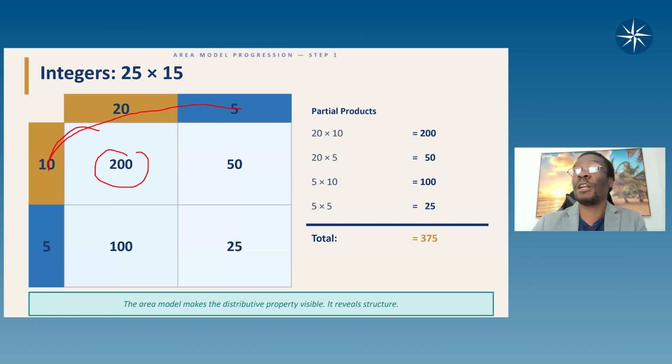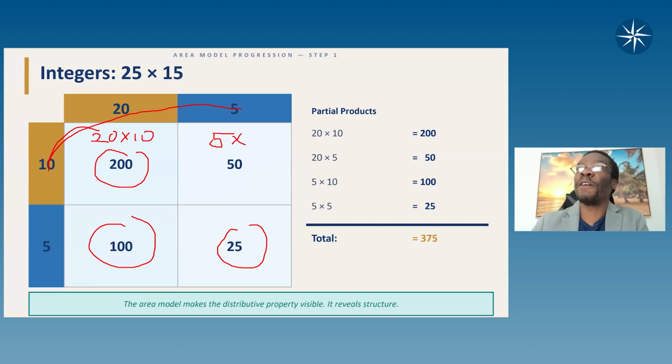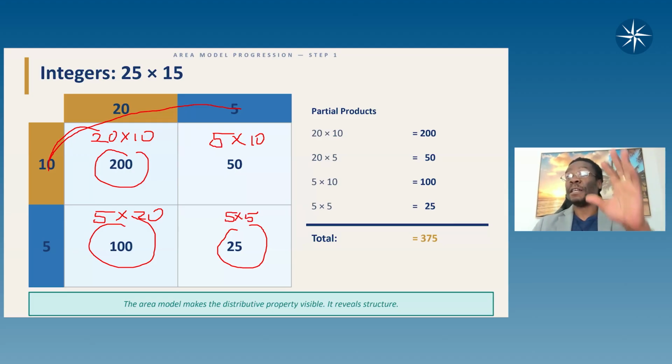So we multiply rows and columns, and we get the same thing here, right? We would even go a little further and put the 10 times 20, 5 ones times 10, and the same thing here, 5 times 20 again, and this will be 5 times 5. So that's how we arrive at the partial products.